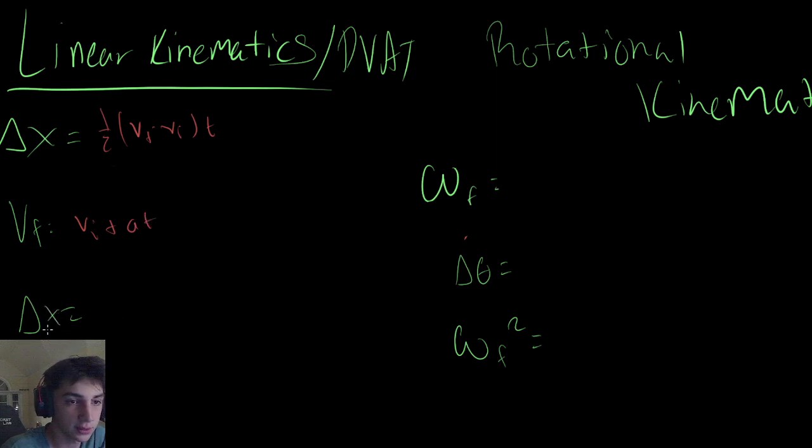Change in x, our displacement, is the final velocity times time plus 1/2 acceleration times time squared, and then final velocity squared equals the initial velocity squared plus 2 times our acceleration times the displacement.